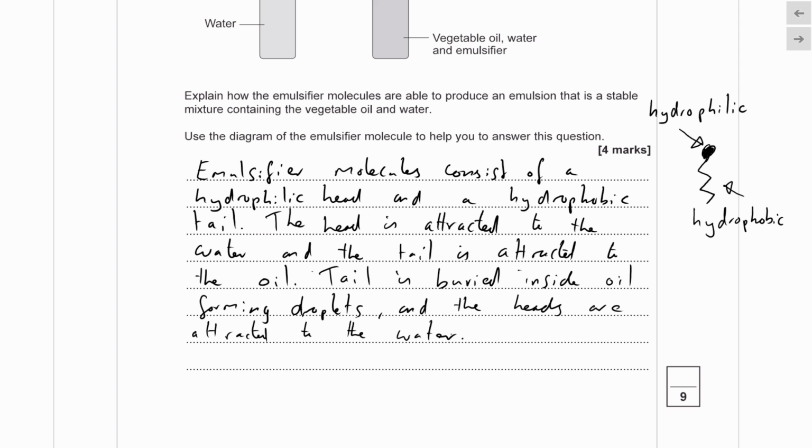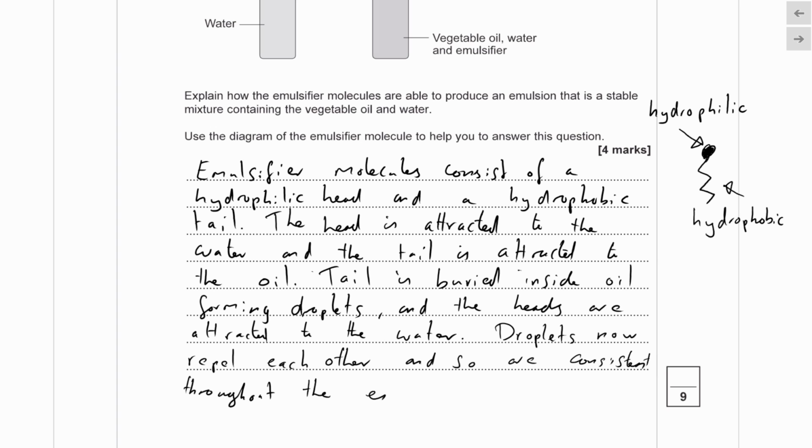Okay, finally, why are they interspersed throughout? Because the droplets now repel each other, and so are consistent throughout the emulsion.